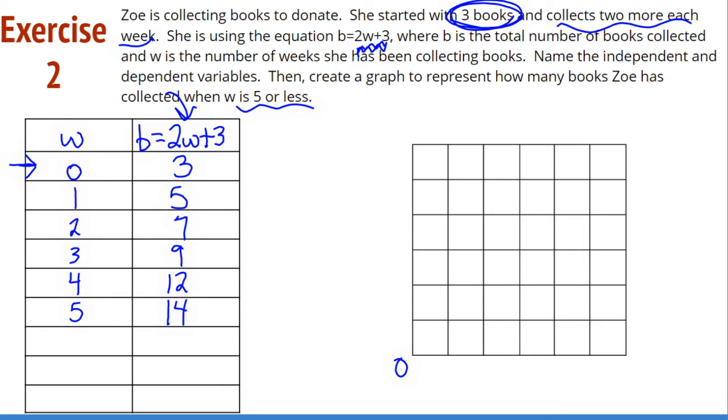All right. Let's see, name the independent and dependent variables, create a graph to represent. Okay, so I've got the number of weeks.